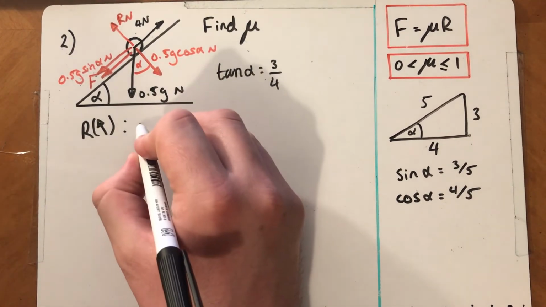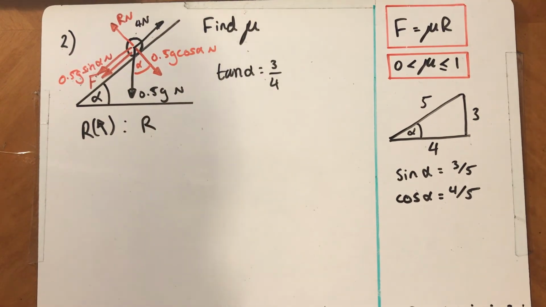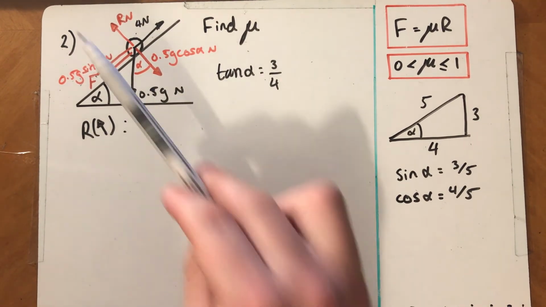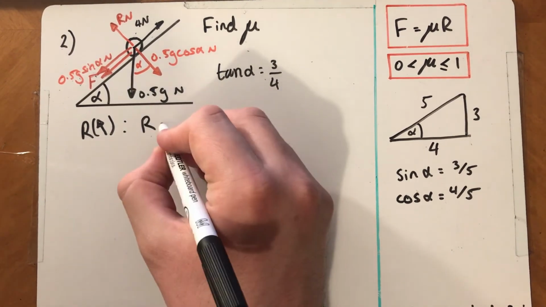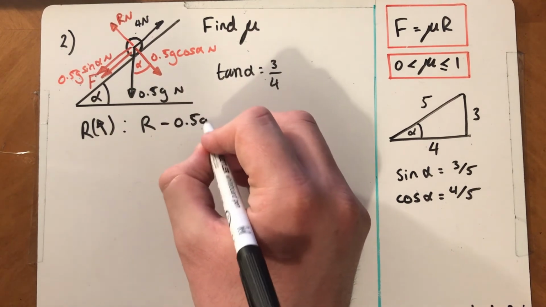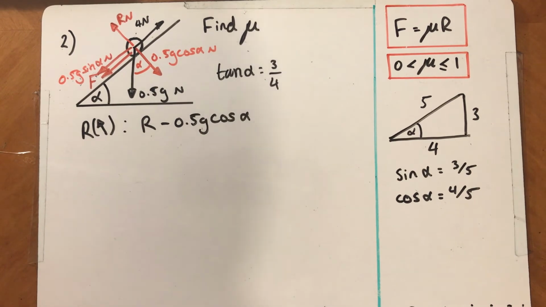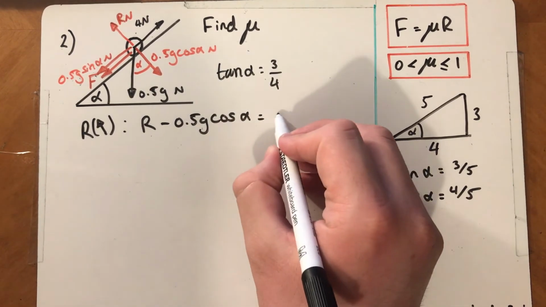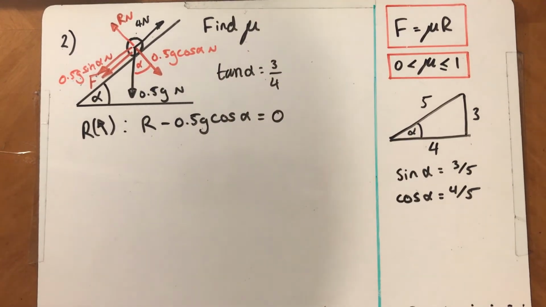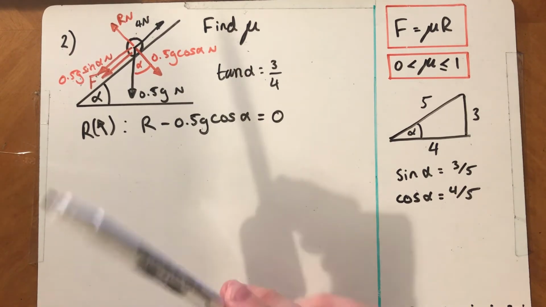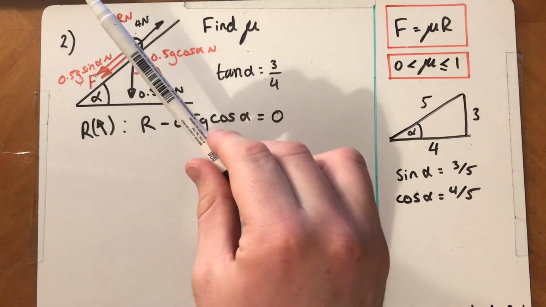So with that being said, R is positive because it's acting away from the plane, minus 0.5 g cos alpha, and this equals 0. Applying Newton's law of motion, I know that the sum of forces is equal to mass times acceleration, and the particle is not accelerating at all, in fact, not just in this plane.